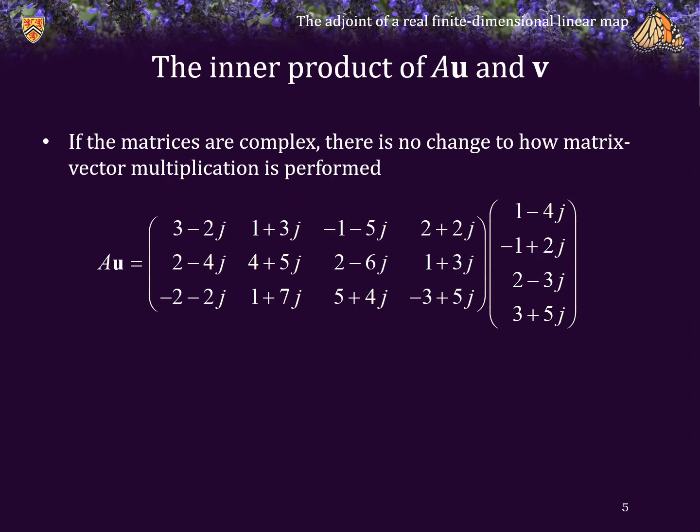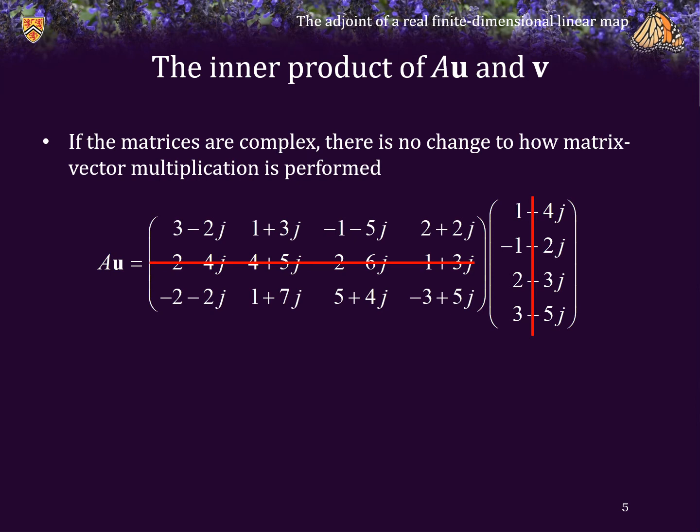Now, if a matrix is complex, there's no change to how matrix vector multiplication is performed. Once again, we just multiply the corresponding entries in a row of the matrix with the entries of the vector and add them together. We are not taking a conjugate anywhere.